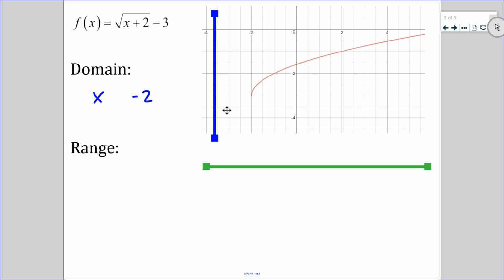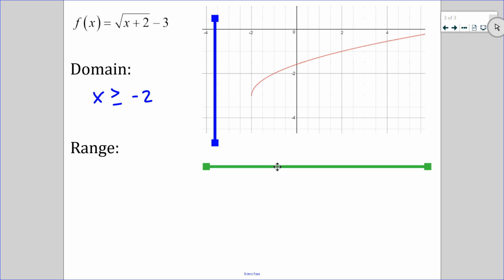If I scan across again, all the x's that are greater than negative 2 are hitting that graph. So my domain for this function is x is greater than or equal to negative 2. I can check the equal to in my actual function. If this is my machine, I would plug in negative 2, and I get the square root of 0, minus 3, which is negative 3. It does have an output there.